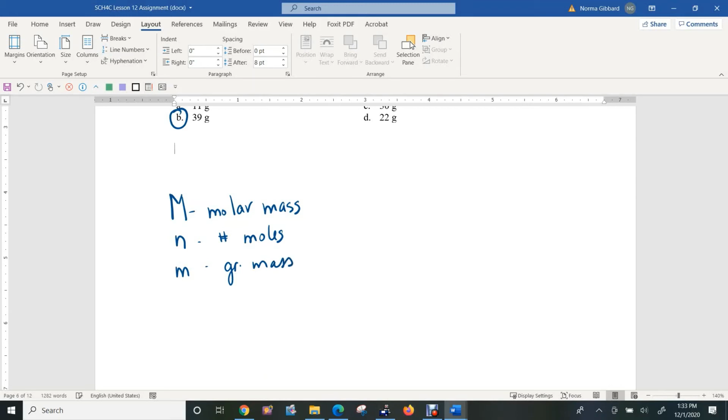Okay, and the basic formula, the molar mass equals your mass divided by your amount. So your amount is n and your mass is m.